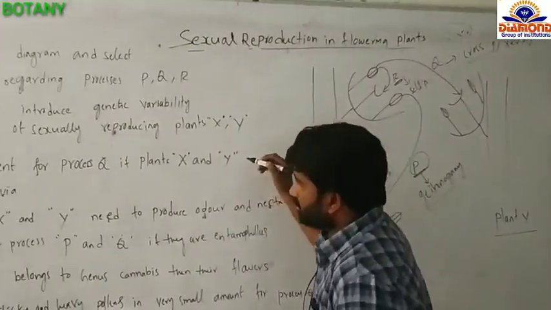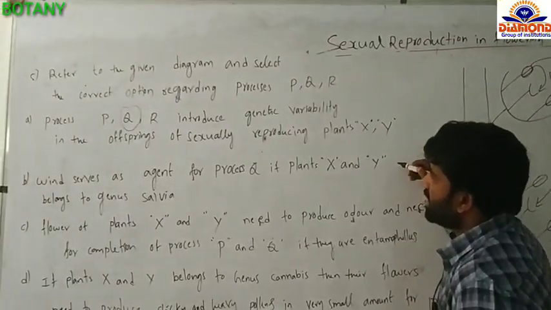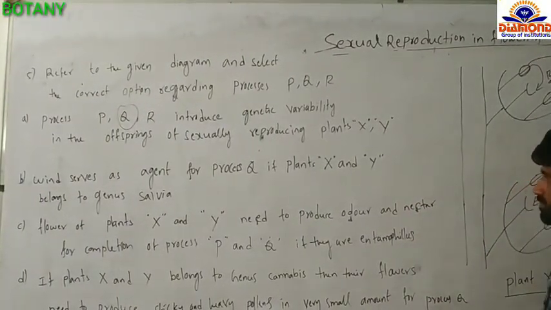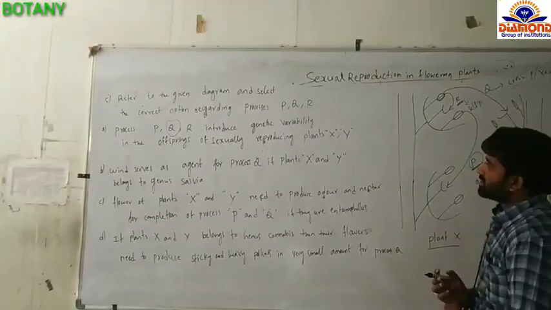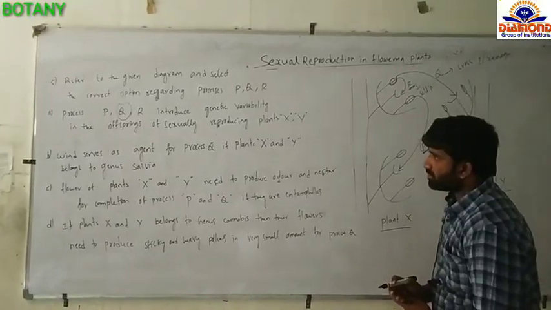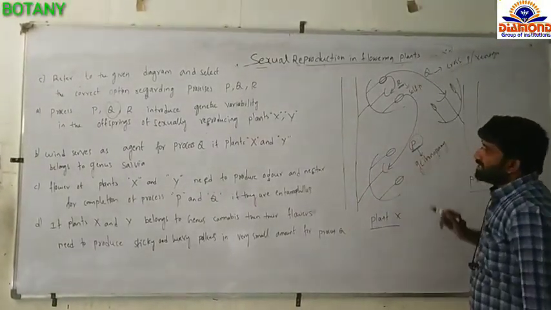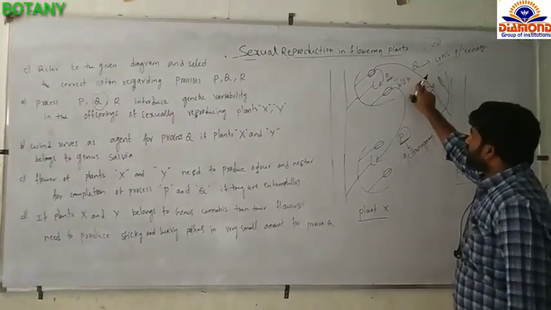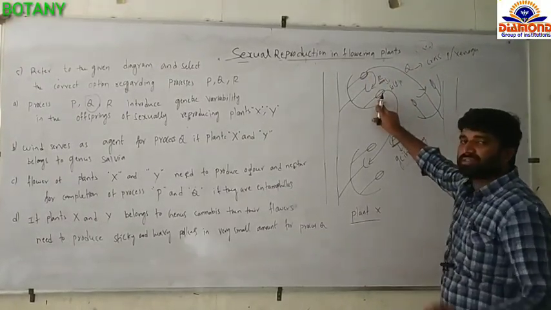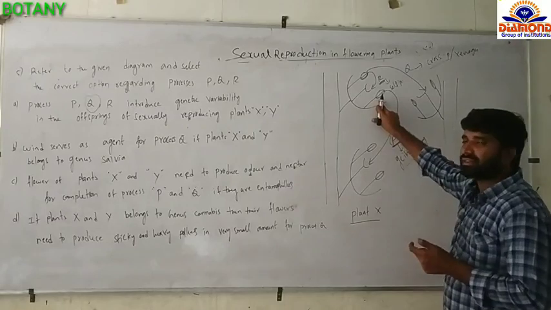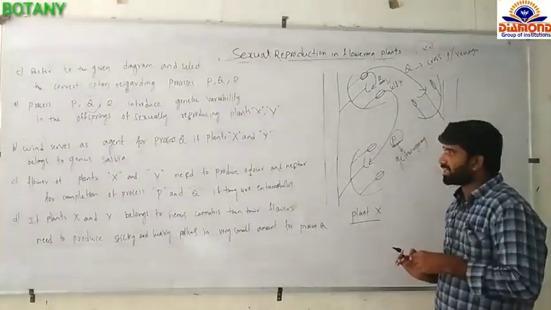Option B: wind serves as the agent for the process Q if plants X and Y belong to Salvia. Wind serves as an agent in transferring pollen grains from the anther to the stigma. Based upon the agents, pollination is classified into several types.